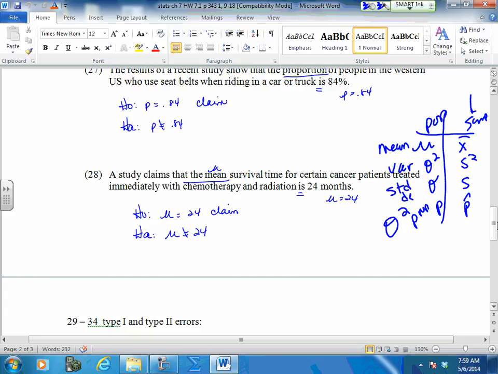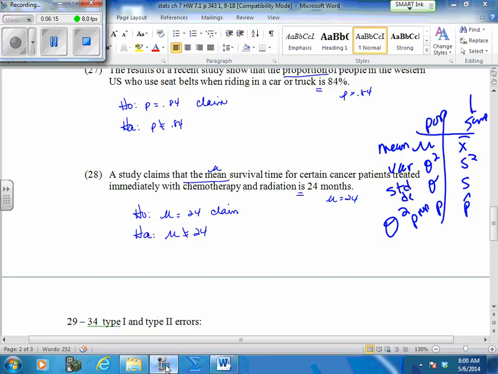This is your sample, but your population is what you're testing against. You're testing the claim against the population. And again, you're going to challenge it with your sample. Okay? All right. So let's proceed.